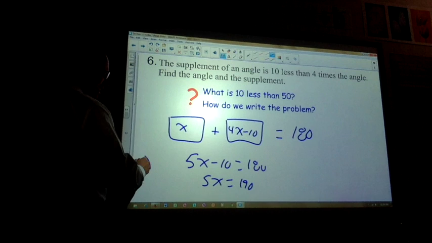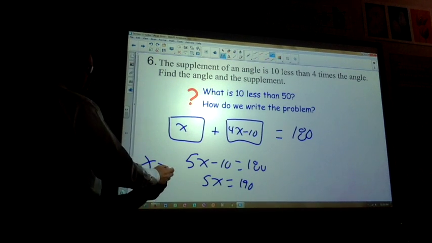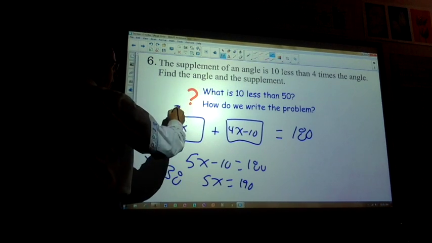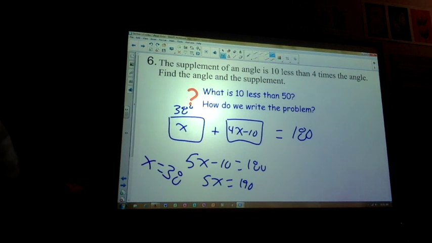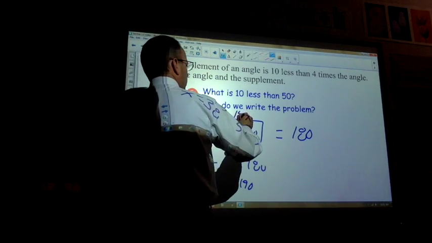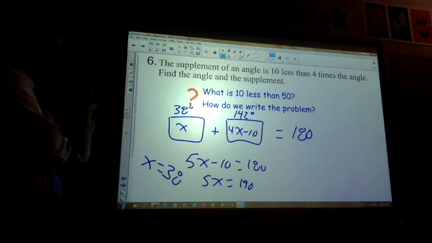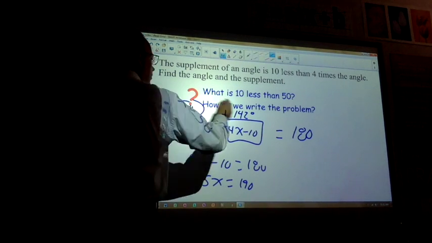5x equals 190. x equals 38. One angle is 38 degrees. One angle is 4 times 38, minus 10: 38 times 4 is 152, minus 10 is 142. Degrees. There are my two angles.